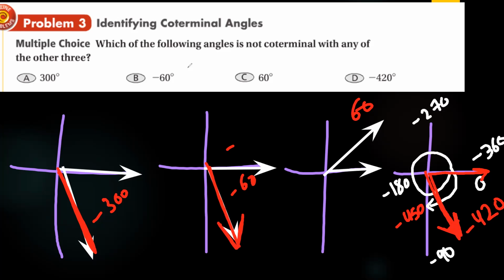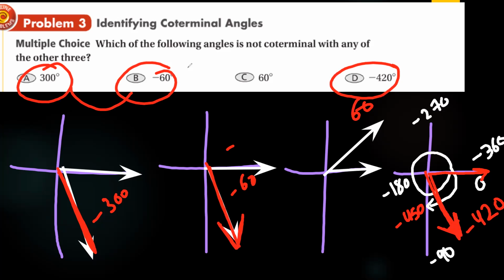So 300, negative 60, and negative 420 are coterminal. But angle 60 doesn't have the same terminal side as any of the other angles, so you will not include it. So the angle which is not coterminal with the others will be angle 60.